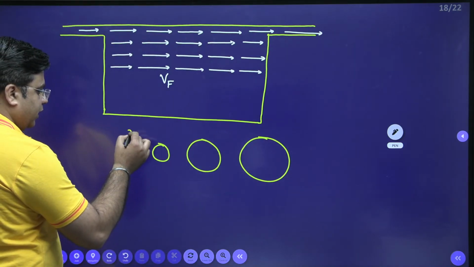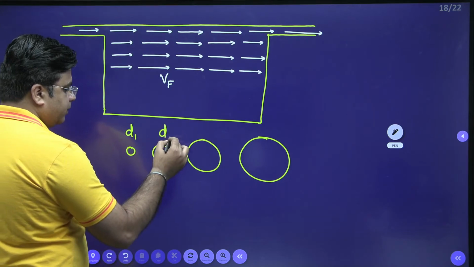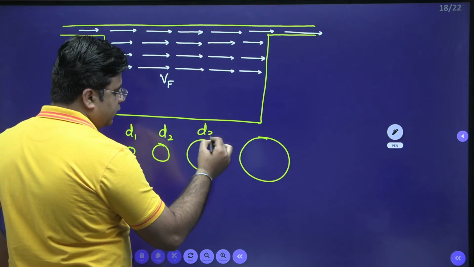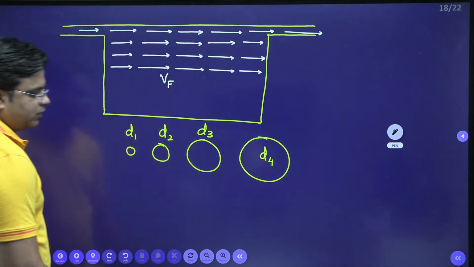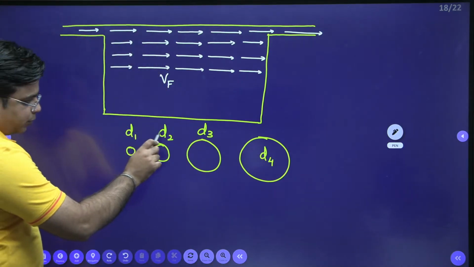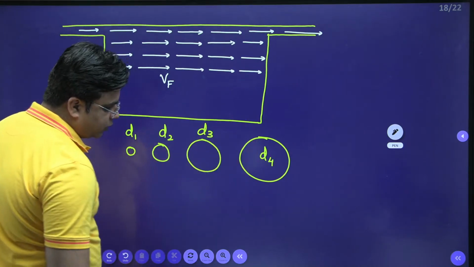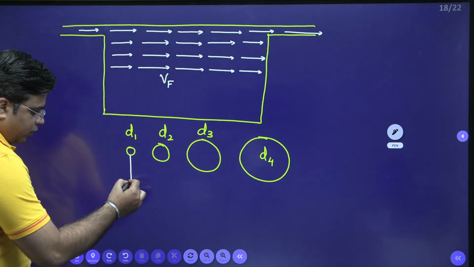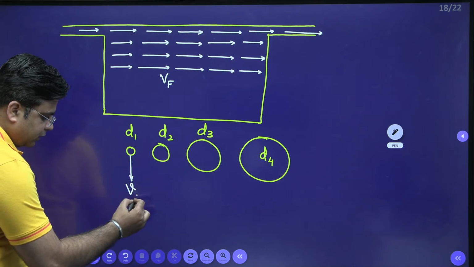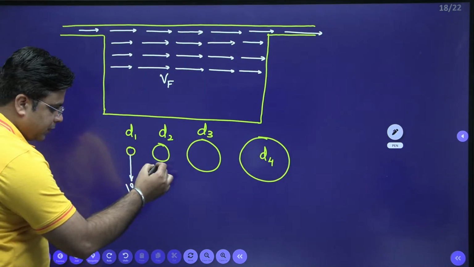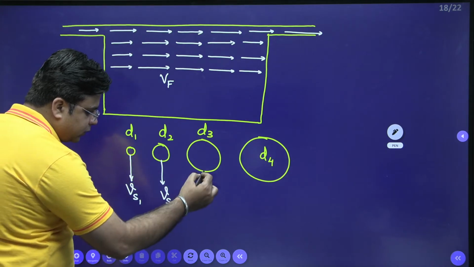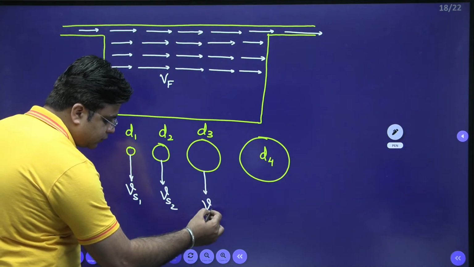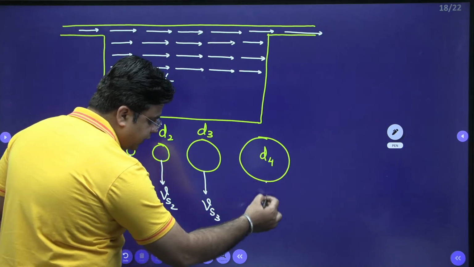Say this is D1, this is D2, this is D3, this is D4. Corresponding to the size of the suspended solid, each of them will have a different settling velocity. This is Vs1, this is Vs2, this is Vs3, this is Vs4.